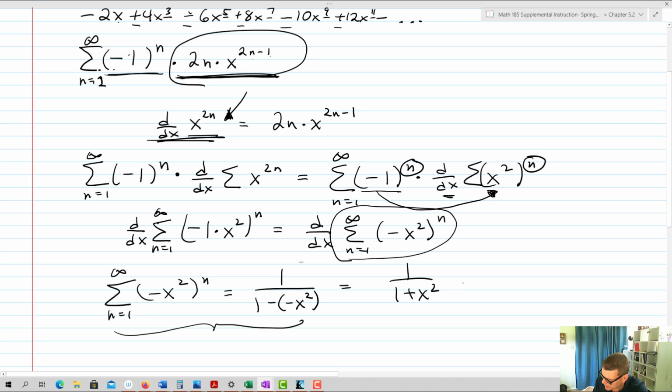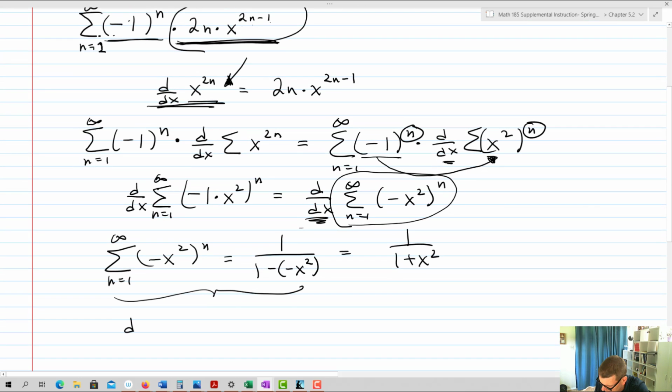Now that I have 1 plus x squared, I just have to take the derivative, the d dx. So this is now going to give me d dx times 1 over 1 plus x squared, and this is then going to equal negative 2x over 1 plus x squared, squared.